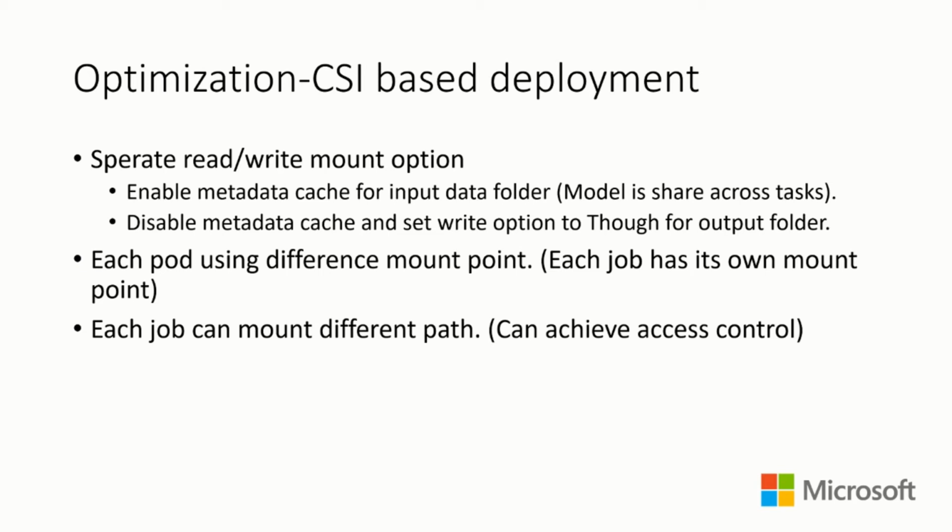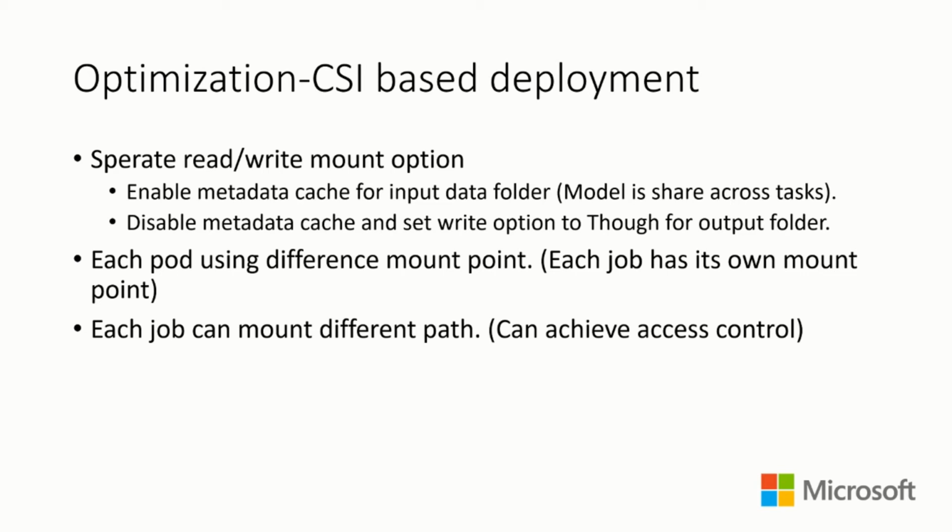It means each workload has its own fuse daemon. So if one fuse daemon is down, it only affects the workload that communicates with it, and does not affect other workloads running on the same node. It makes our system more robust and more reliable.